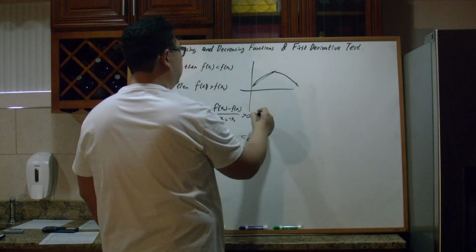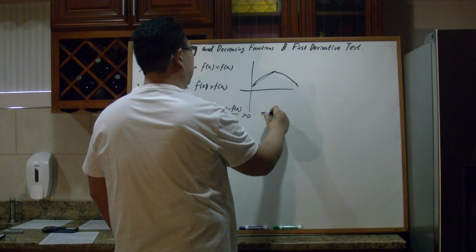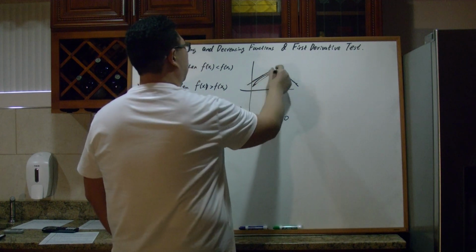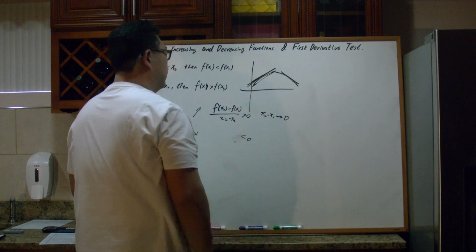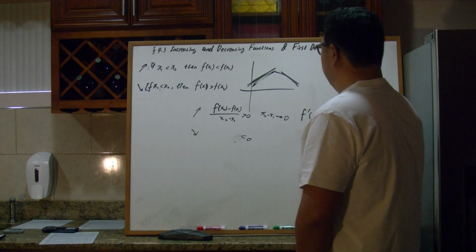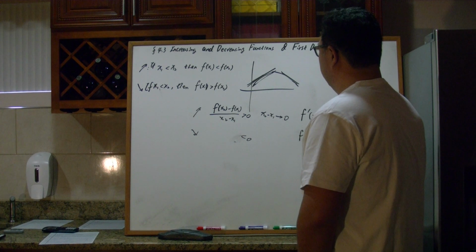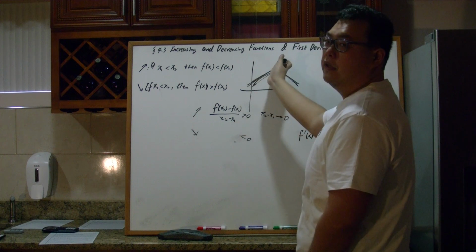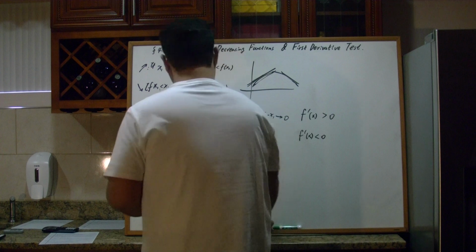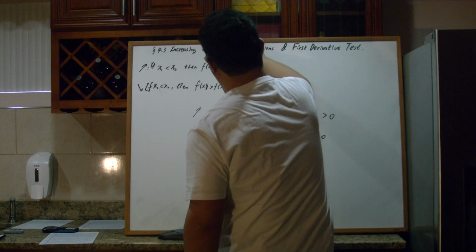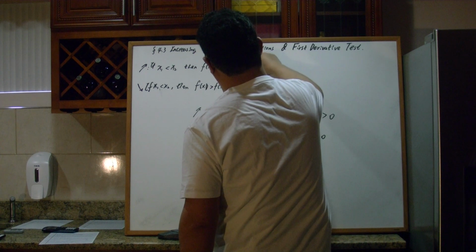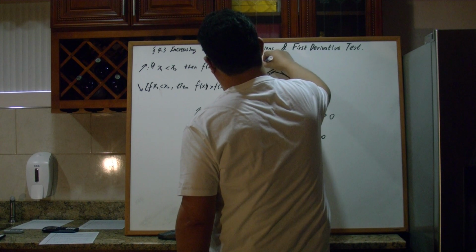But when we extend it, x2 minus x1 gets very close, and we get to the view of the tangent line, where we can say f prime of x is positive or f prime of x is negative, and we get an increasing function or a decreasing function from that.